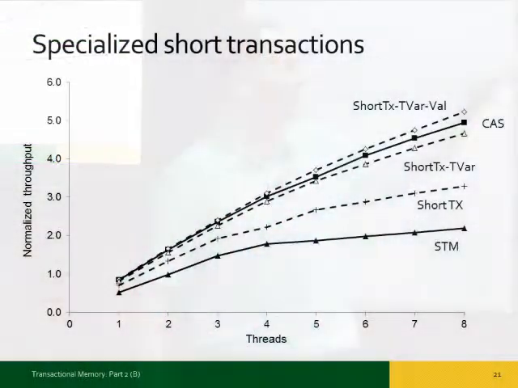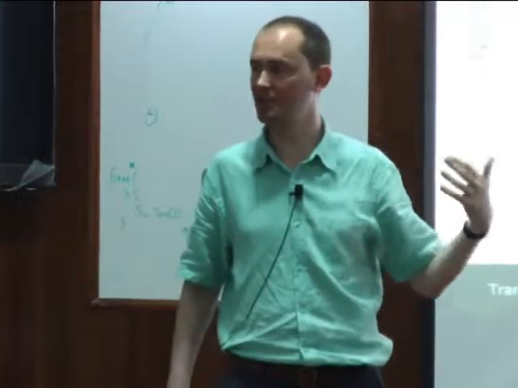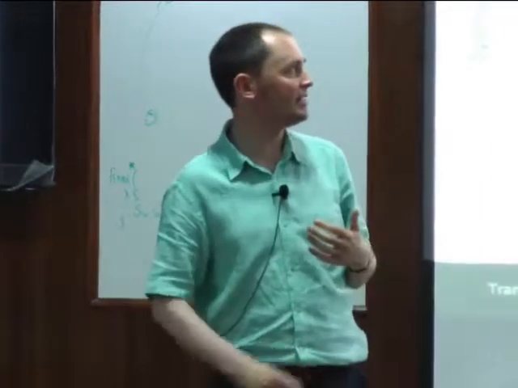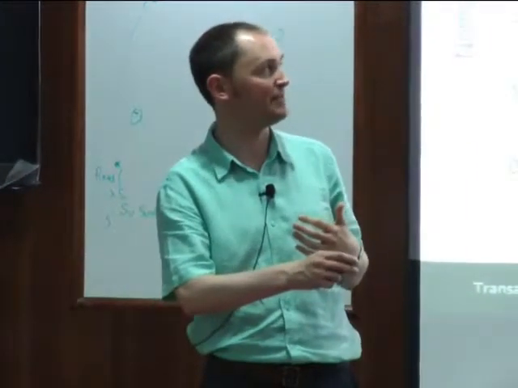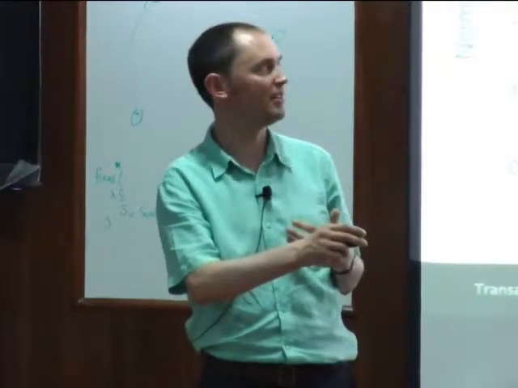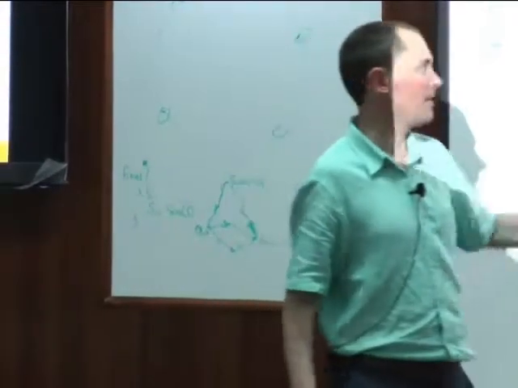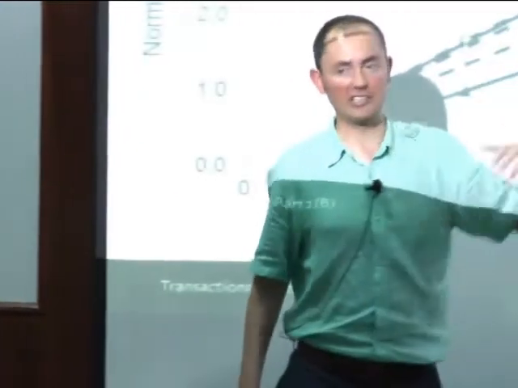So taking a combination of these features, it turns out these are sufficient for the skip list and hash table benchmarks that I've got in this paper. And it turns out, in fact, that sometimes we get better performance by using SpecTM with short transactions with value-based validation. Now, the difference between these is really likely just down to noise in the experiments.